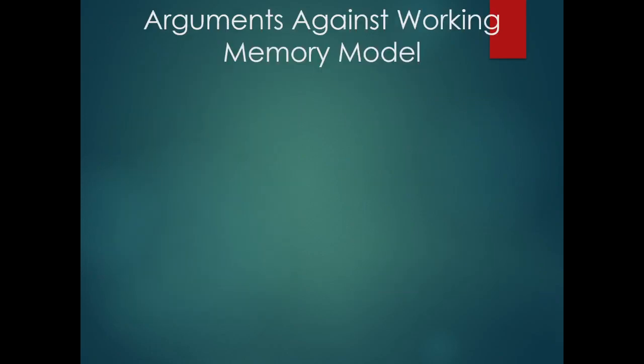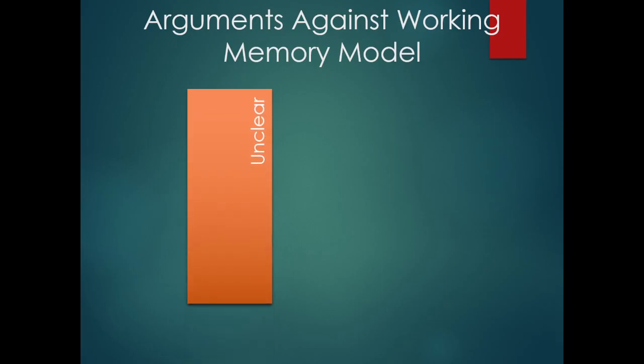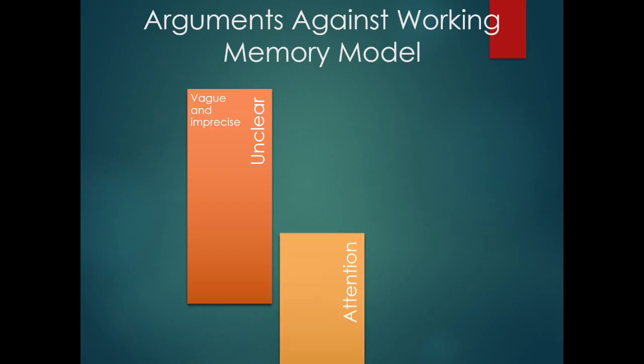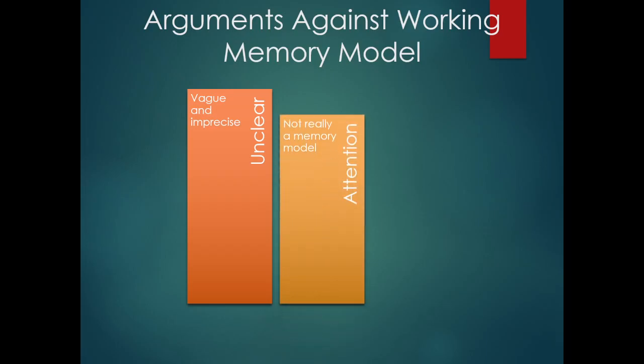Let's argue against it. First off, the whole thing is unclear. It has some limits on its capacity. It has some limits on its duration, but very unclear, vague and imprecise at all levels. What do you mean by central executive, right? What do you mean by episodic buffer? What are you talking about? Attention is really what we're talking about, honestly.